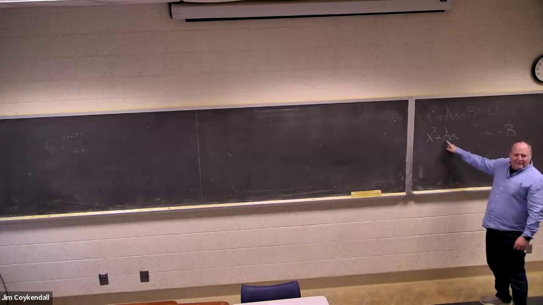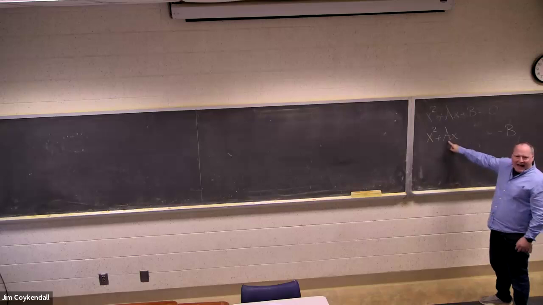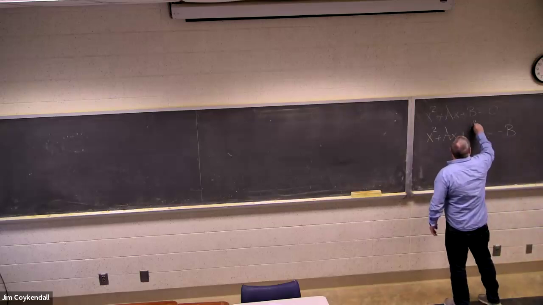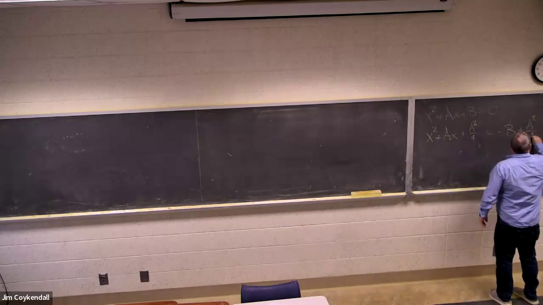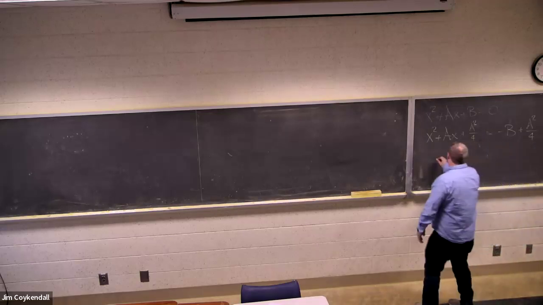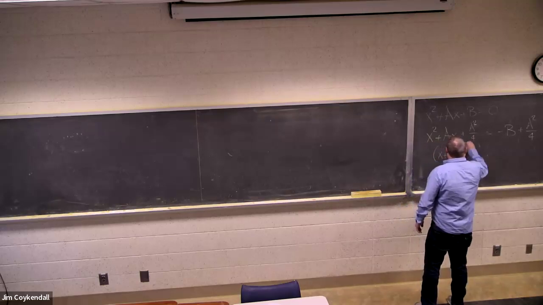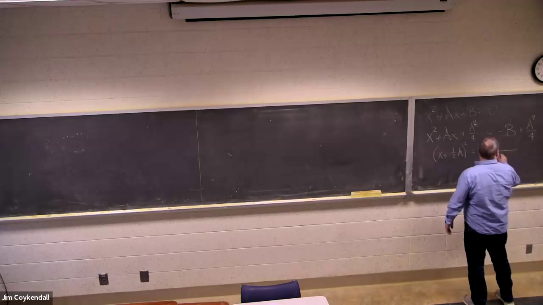So what do we have to add to this to make it a perfect square? It was like, what, half of that squared? So it's like that. And then the magic here is this was some kind of crazy thing.